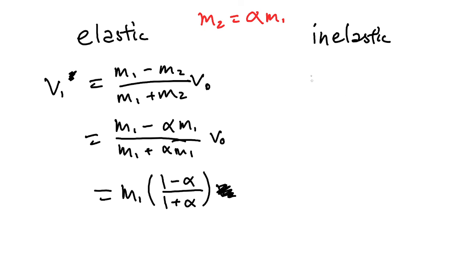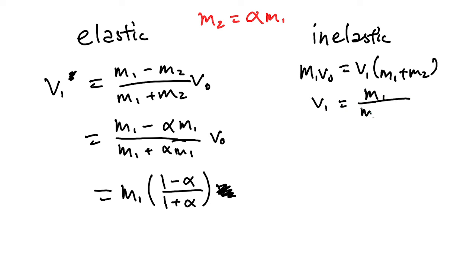So let's just write this out. m1 v0 is equal to our vf, which is our v1 times m1 plus m2, right? So we're trying to find this, so v1 is going to be equal to m1 over m1 plus m2 times v0, right?